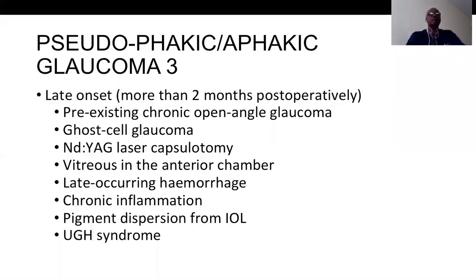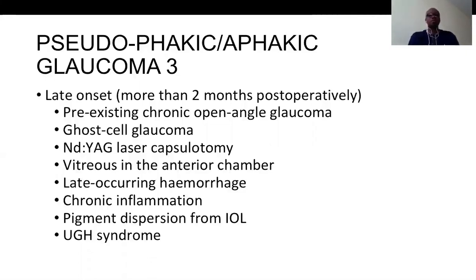In the case of pigment dispersion from intraocular lens, it is thought that it is usually due to an intraocular lens that is unusually mobile, maybe due to the size. That's when the IOL and the haptic are small compared to the size of the eye, allowing it room to be freely mobile, or it may be due to the location. When some intraocular lenses are placed in the sulcus, they may lead to pigment dispersion.